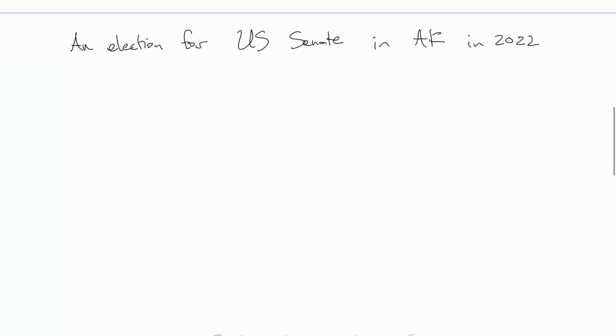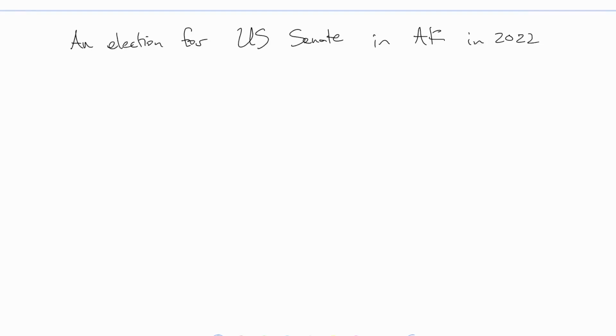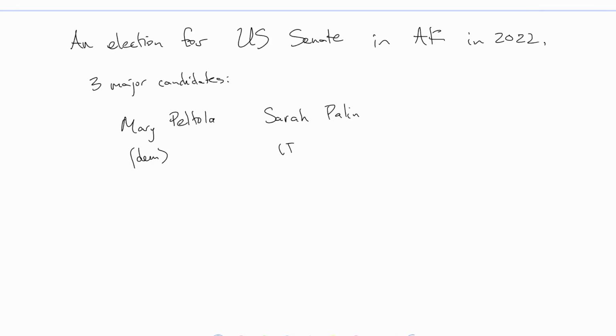Being a U.S. senator is a big deal. In any case, there were 3 major candidates. Of course, there's always a bunch of jokers on there, but these were the 3 major candidates. They were Mary Peltola, who is a Democrat. There was Sarah Palin, who is sort of a Trump-style Republican, Trumpy Republican.